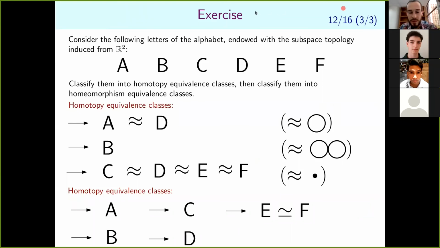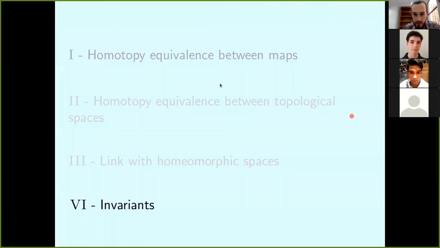Okay. So let's get to the last section. I want to study with you what invariance we can define on the equivalence relation of homotopic equivalence spaces.